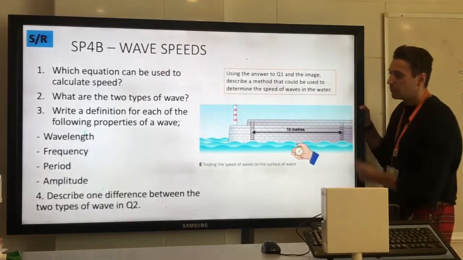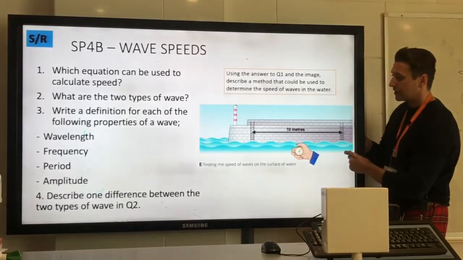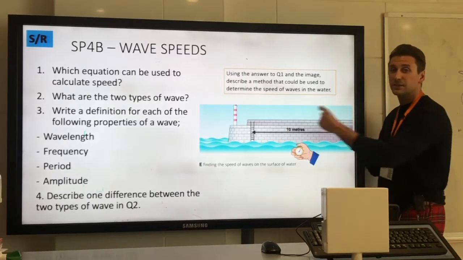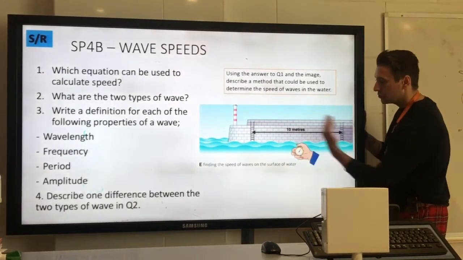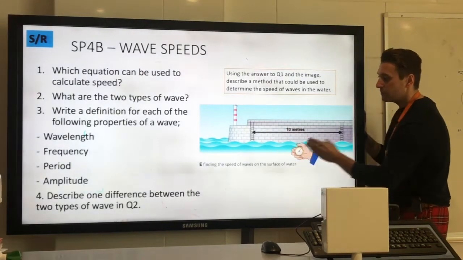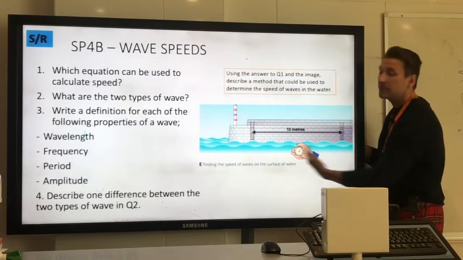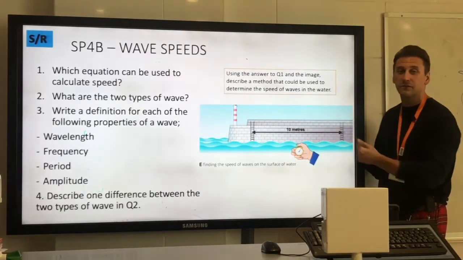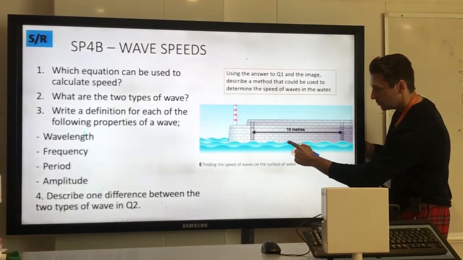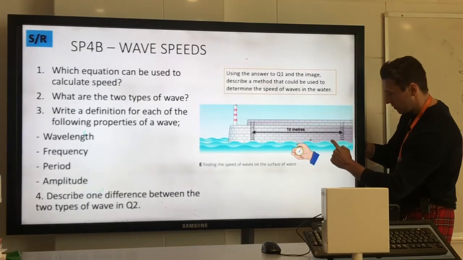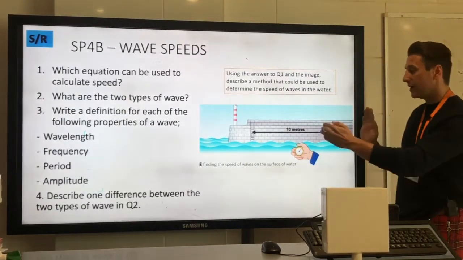In order to find the wavelength, what you need to do is choose your 2 points again. So we go back to our 10-meter distance between the 2 ladders. Although the waves are traveling across, the water waves remain the same because the water just moves up and down. So you should see this same image the whole time. If you took a still image of that, you would see exactly what is here, which is 1, 2, 3, 4, 5 waves in that 10-meter distance. 5 waves between 2 points.